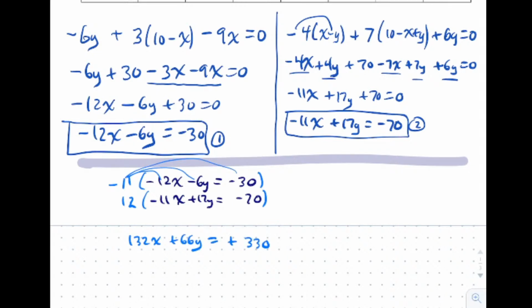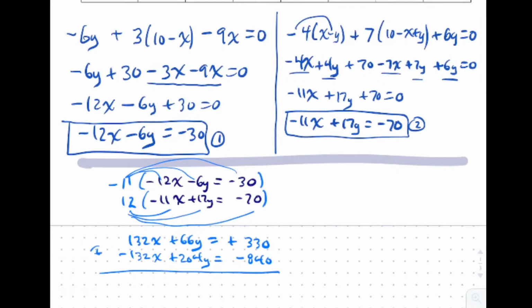Sure. Bottom one, 12 times this is a negative 132x. 12 times 17 is, I don't know. It's 204. So that's 204y. And then 12 times negative 70 will be a negative 840.